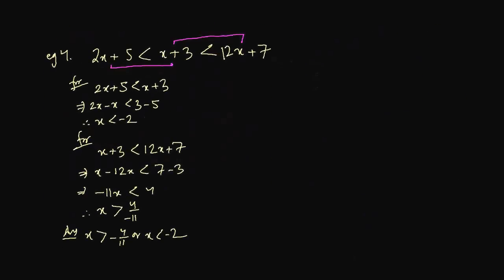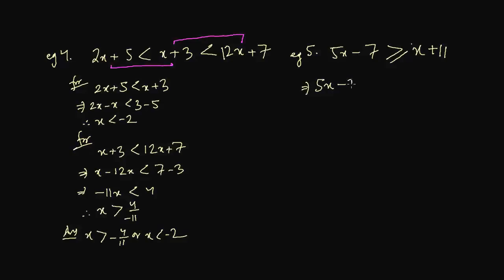Now let's do an example where we have this greater than or equal to, less than or equal to symbol. So this is going to be 5x minus 7 greater than or equal to x plus 11.